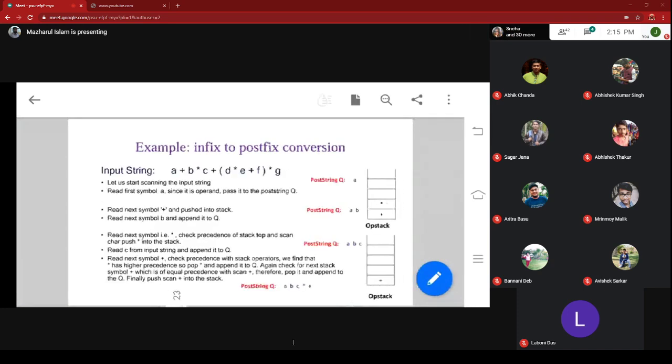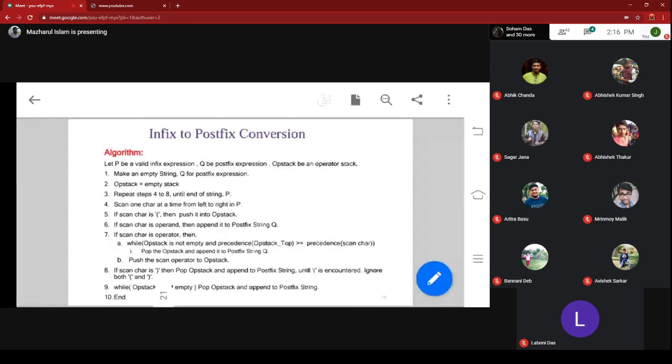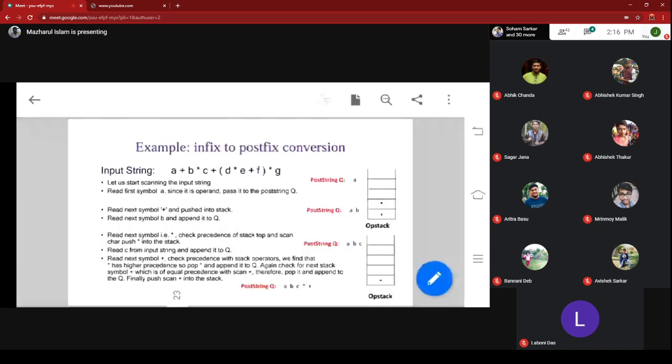And then let's start what I told. As per step 3, step 4, scan one character at a time from left to right. Okay. So you first scan the A. So what is A? A is an operand, not an operator.